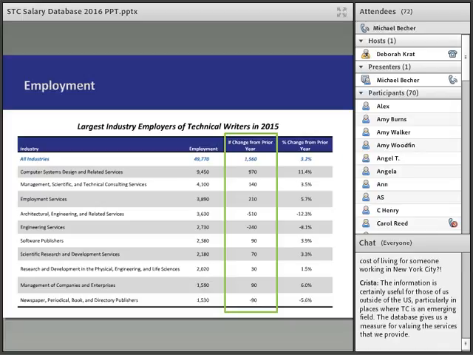Now, when you see a drop, that typically means there might be just fewer jobs, or more people in the talent pool in that specific industry. But it should be noted that it could be an opportunity.